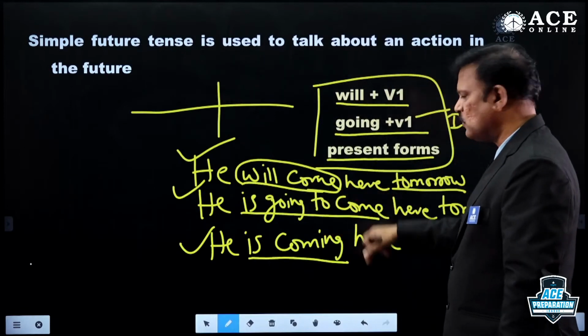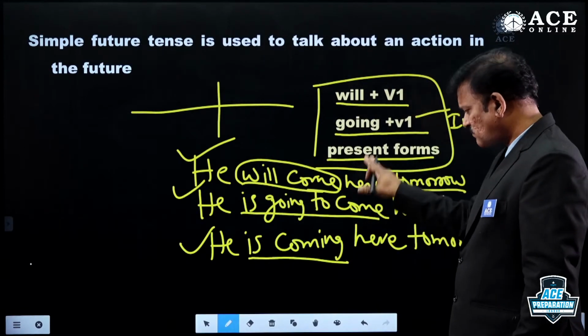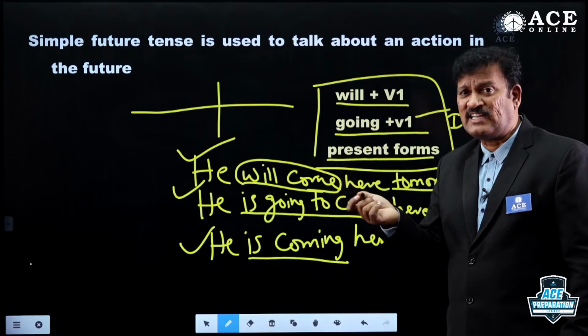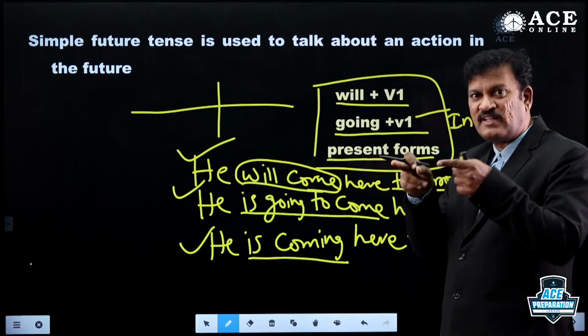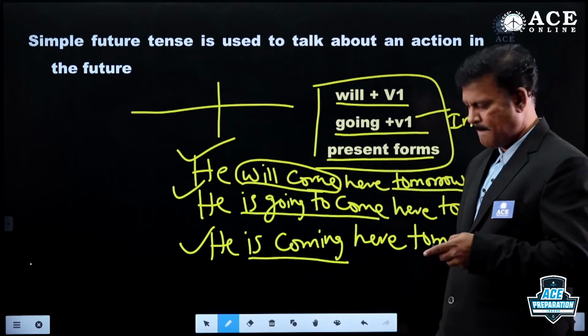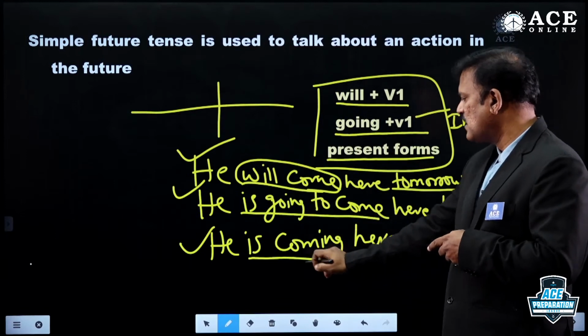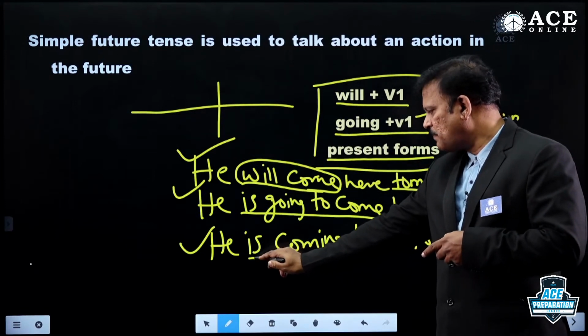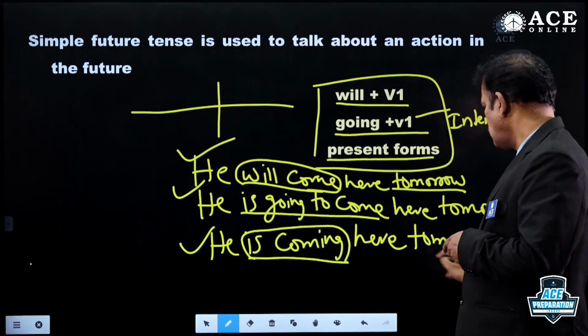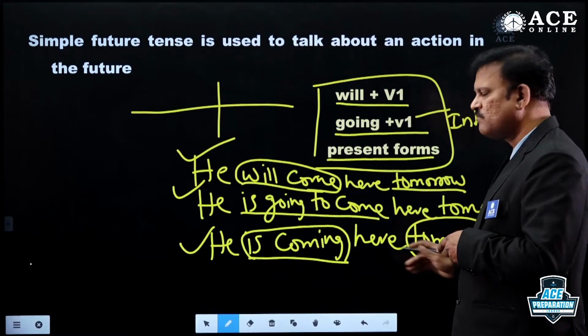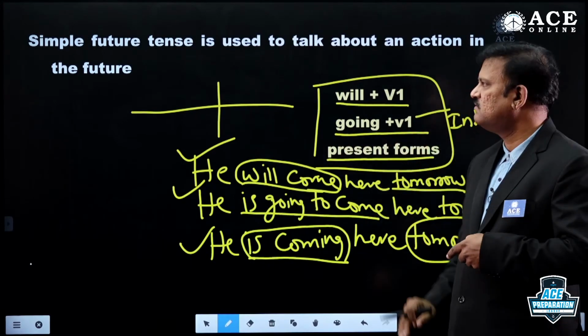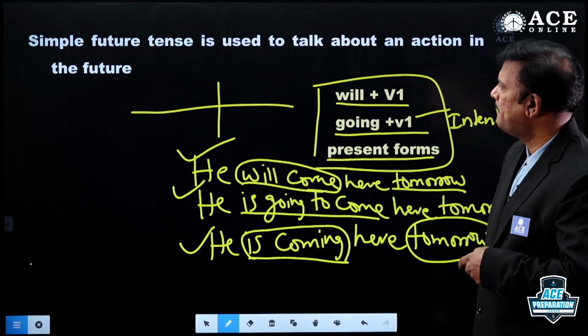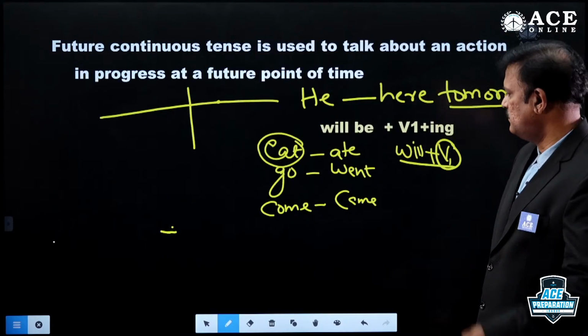But very frequently we use this one. Don't worry, as we go to the practice part, you will focus on the time indicator and you decide, okay? But at least right now you understand, especially this one: if there is a present form with a future time, accept it. Fine?